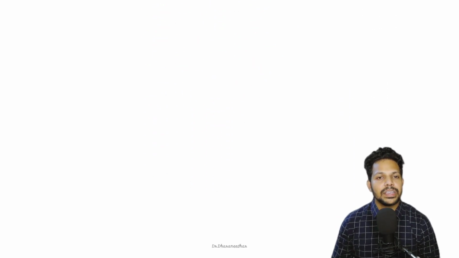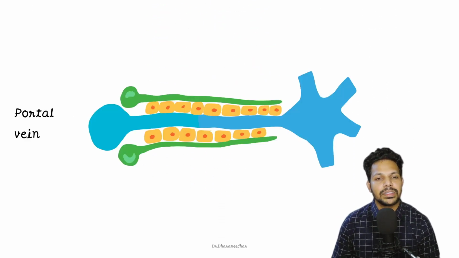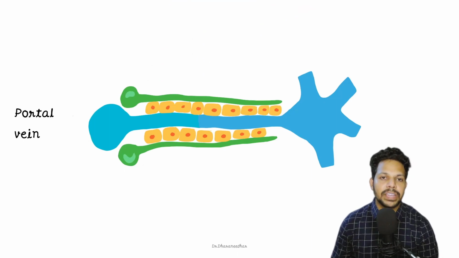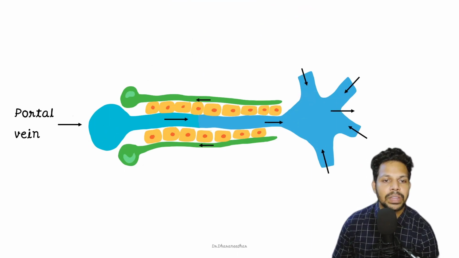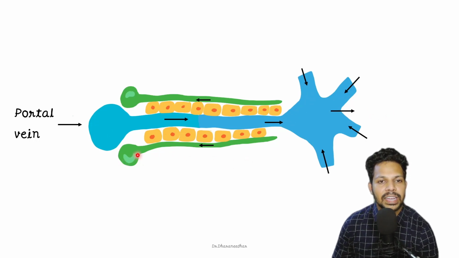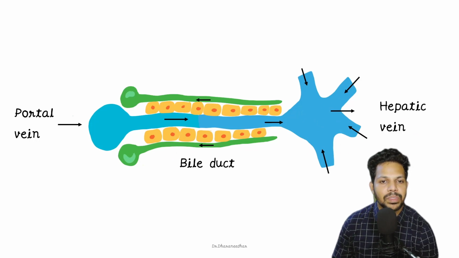And again, if you look at the image here, from the portal vein, this is the direction of flow. This is the portal vein and here is the central vein, and this green structure is the bile duct, and this end, the right end, is the hepatic vein.